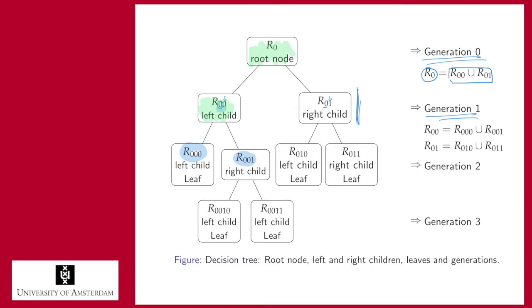And if you look at the notation, you have R00 here and R00 here, which indicates that the mother node is this one, and then you have the 0 here, the 1 here, to indicate you have the left or the right child. And we can do the same for this node. We can split it into new parts. And then we have that R00, this one, is just the union of these two, and the same for R01.